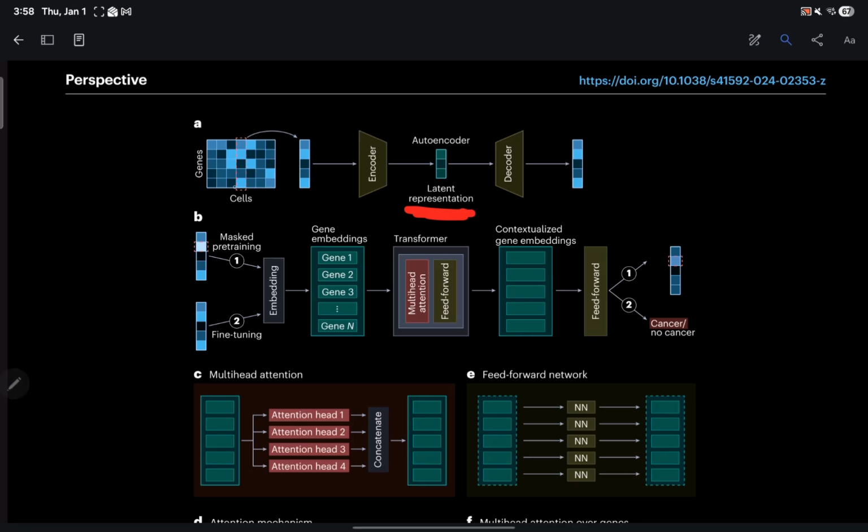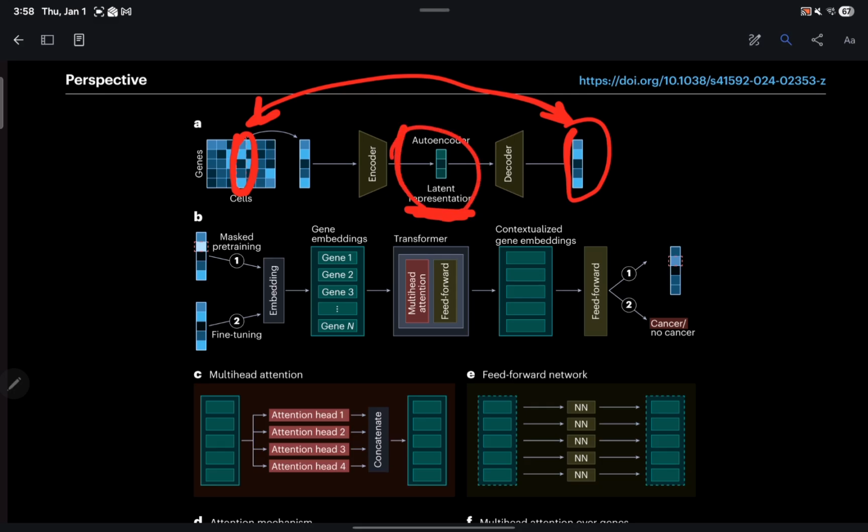You have again the gene profile of a cell, then you have an encoder decoder, and try to predict the exact same profile, but with the catch that you will go through a bottleneck that you should pass all maximum information through, and that forces your model to learn some meaningful latent representation.